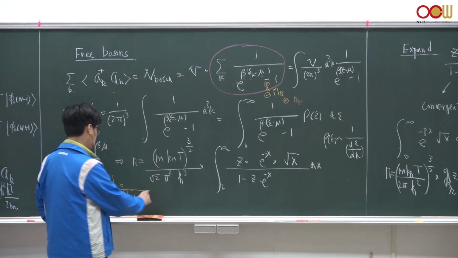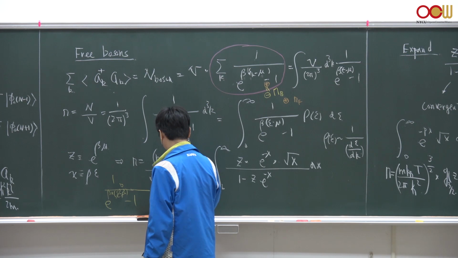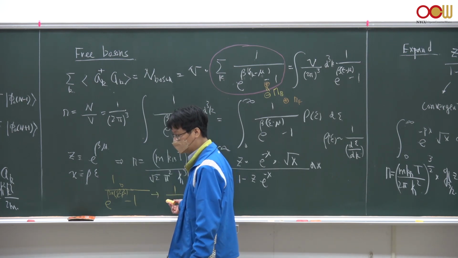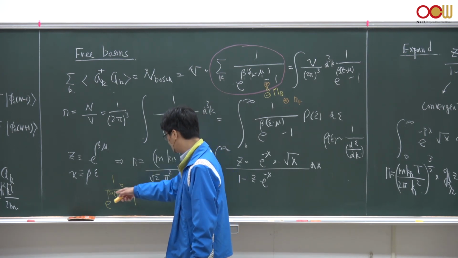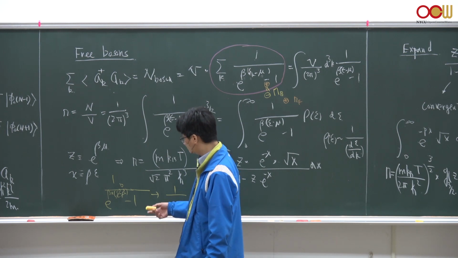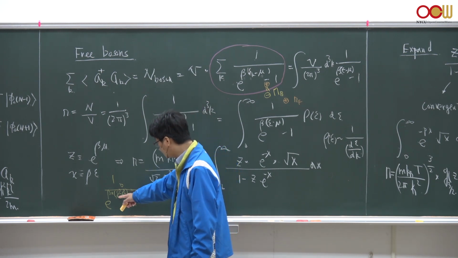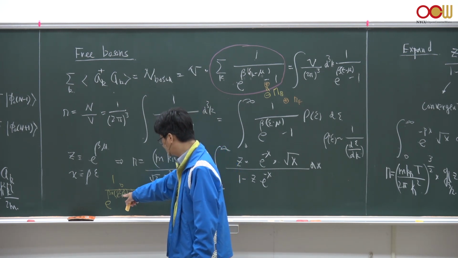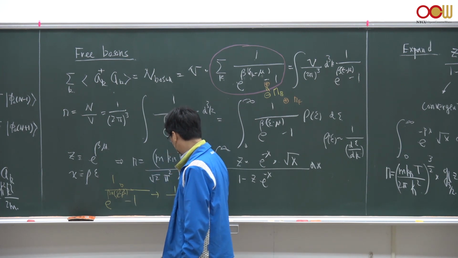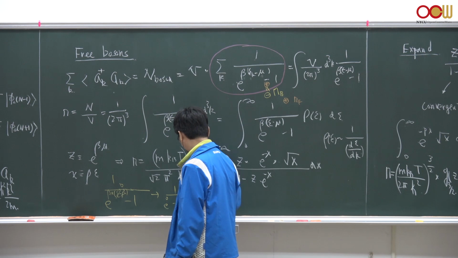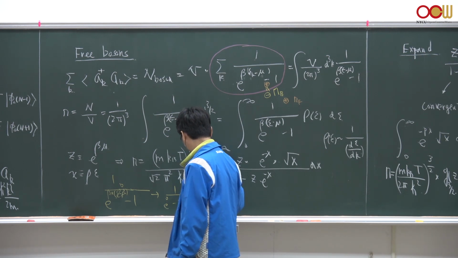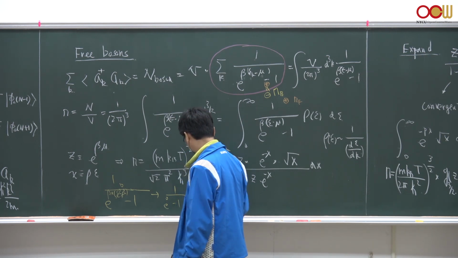So you already see this phenomenon emerge in this limit when the temperature is low enough and mu is 0, epsilon almost 0. You get e to the power of 0 minus 1, which is what? 1 over 0, which is infinity.